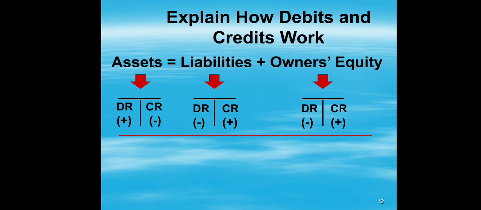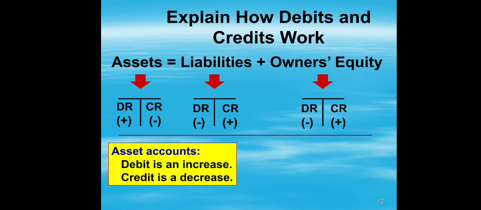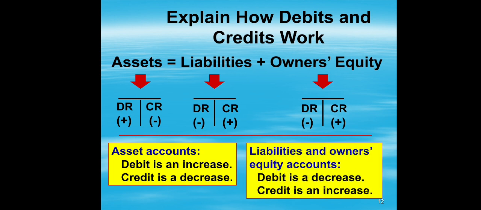A decrease in liability, you have to debit. For owner's equity, an increase in owner's equity, you have to credit. A decrease in owner's equity, you have to debit. Okay, so just remember this. I have explained the things shown in the yellow boxes there.